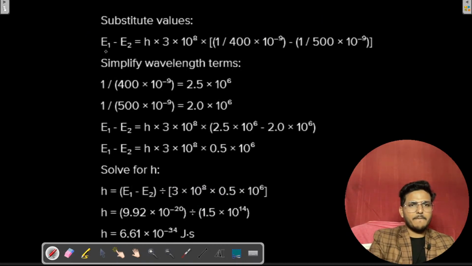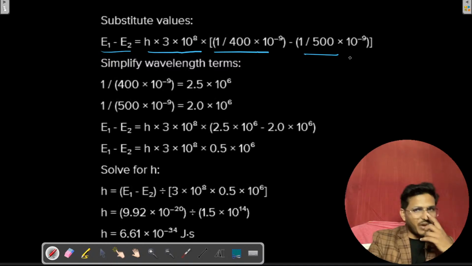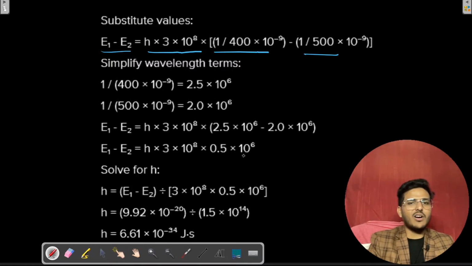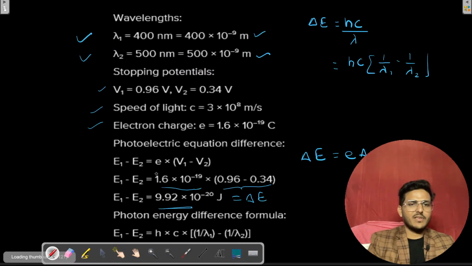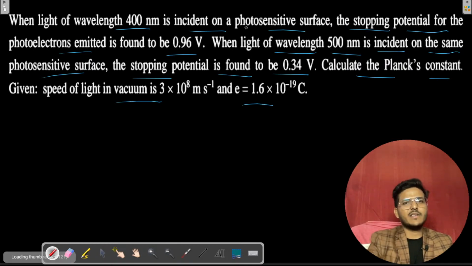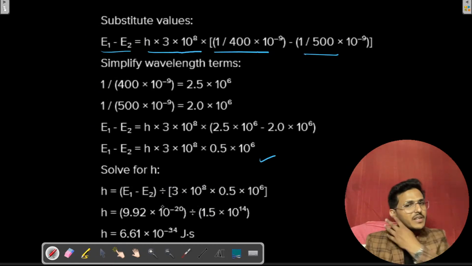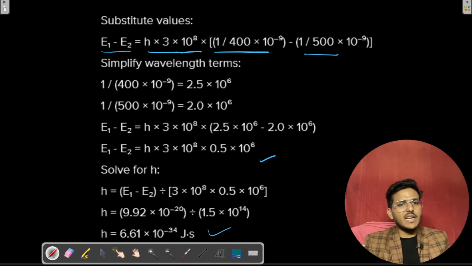So E1 minus E2 equals h into 3 into 10 to the power 8, 1 upon 400 into 10 to the power minus 9 minus 1 upon 500 into 10 to the power minus 9. Just solve it. You calculate h into 3 into 10 to the power 8 into 0.5 into 10 to the power 6. This one is also the value of E1 minus E2. Just put it here and solve this for h.